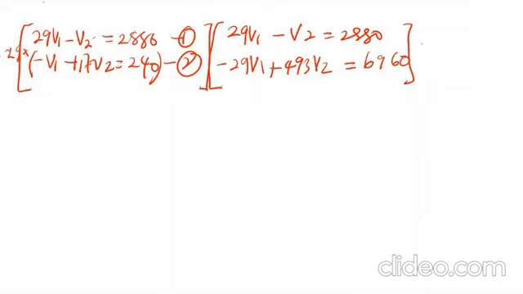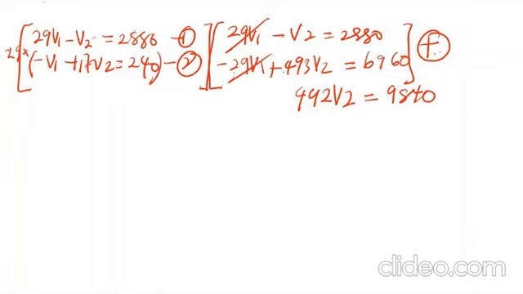So to use the elimination method, you want to eliminate this part. So you need to add 29 plus negative 29, so you kill this one. So you will have negative V2 plus 493, so you will have 492 V2 equal to 2880 plus 6960, what you have is 9840, right?